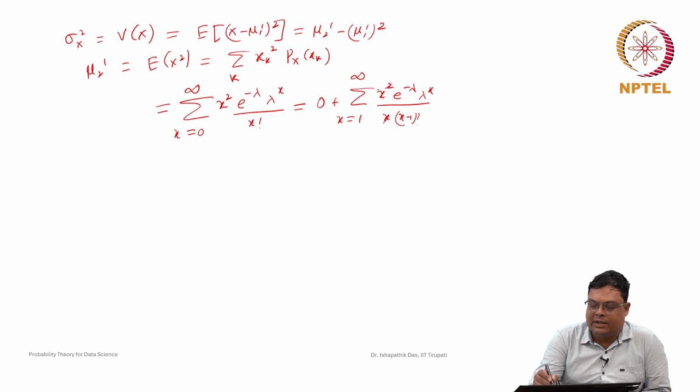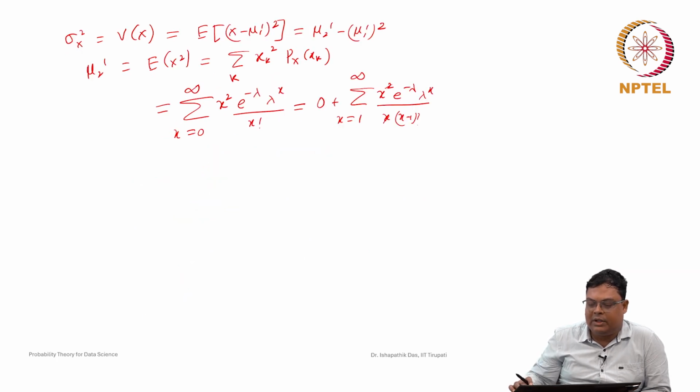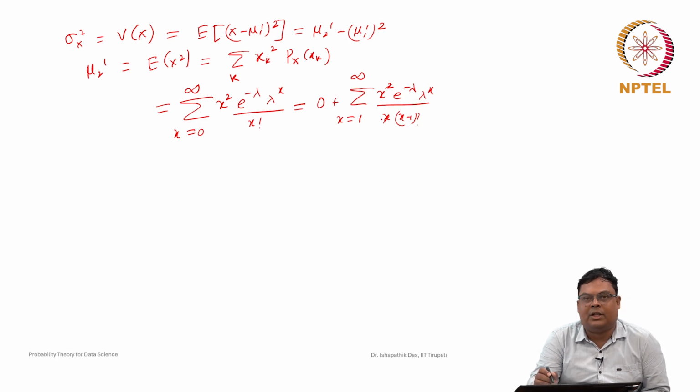Then one x is cancelled, but another x is still there, so we cannot cancel further. Earlier, x cancelled and we got a convenient transformation, but here, because another x is there, we cannot do the similar computation.